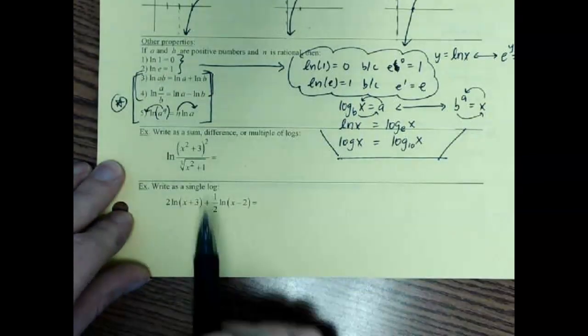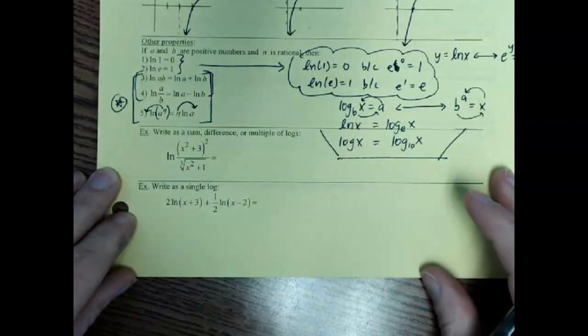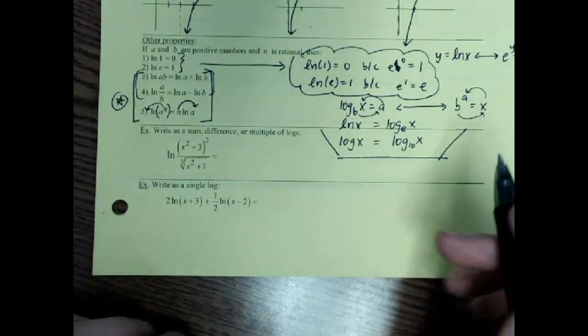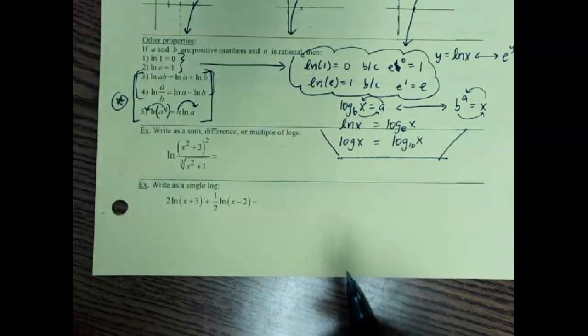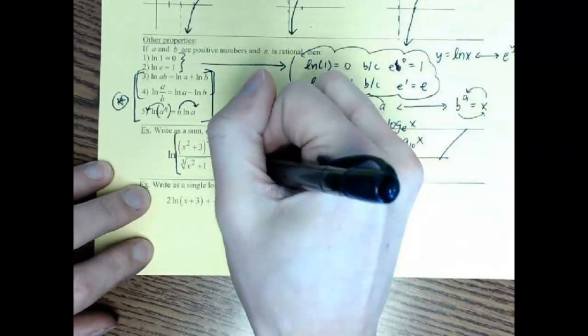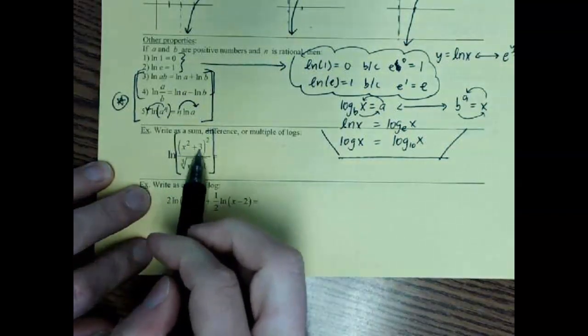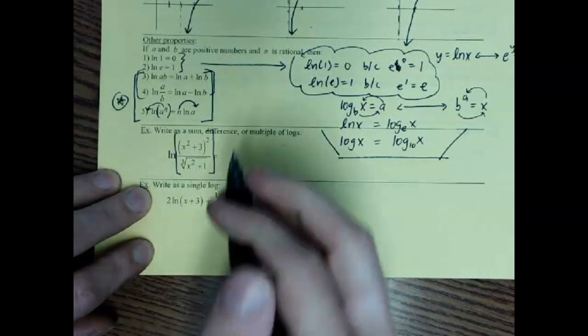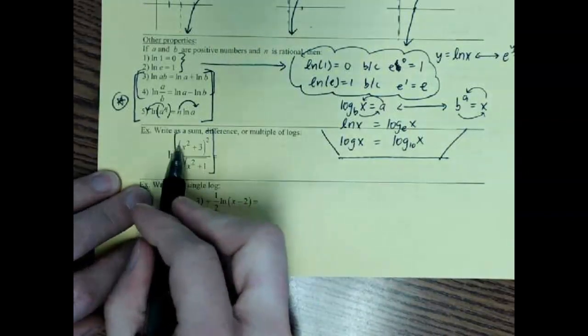So here we're going to take this chunk and we're going to split it up. And we're going to expand it. So instead of it just being one nasty big conglomerated log, we're going to split it up and have the individual chunks. So here's all this stuff that's inside. Clearly I've got some multiplication, this chunk times itself. You also have a cube root in that denominator. We're going to split it up. So I'm going to have this chunk, which is on top.